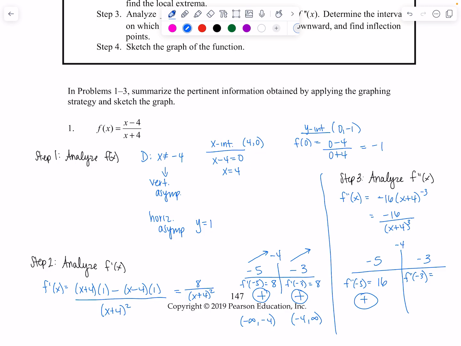So -16 over 1 cubed. Negative over a positive will give us a negative. So this is concave up, concave down. And -4 will be an inflection point.